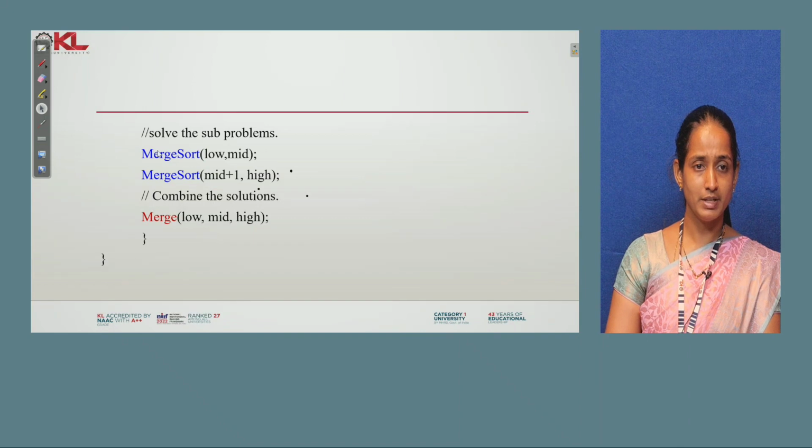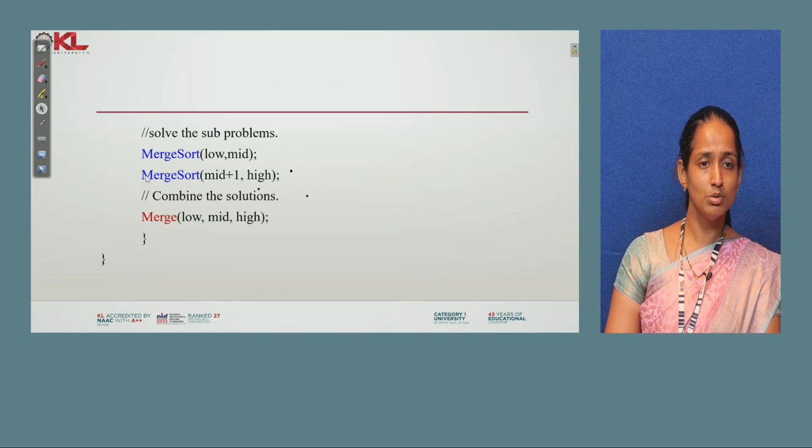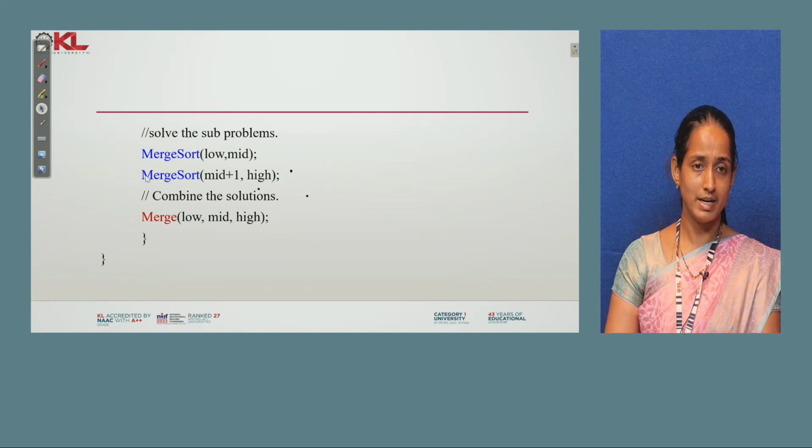After we make sure that the first half, that is the left sublist, is divided until we get one element in the list, we go to merge sort for the right side list by calling mid plus 1 comma high. Once these two sublists are divided down to one element, we call the merge process. In the merge process we internally combine the divided sublists and get two sorted sublists, and finally the merge process is applied on those.